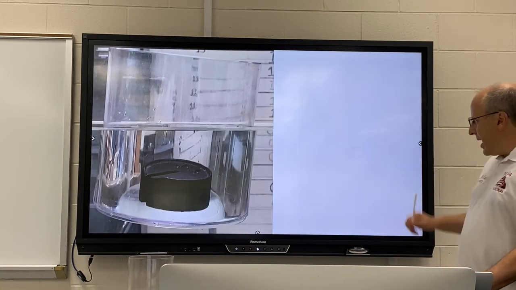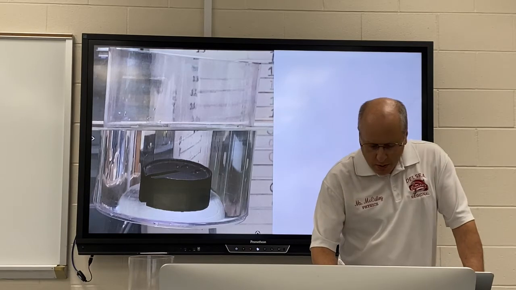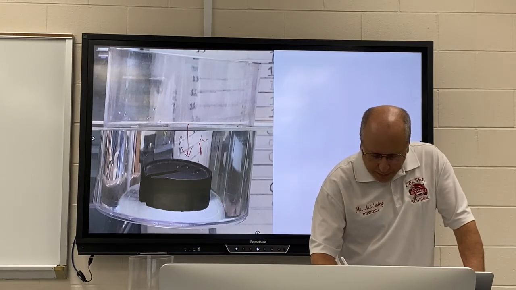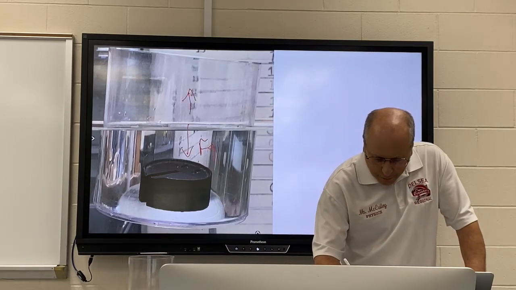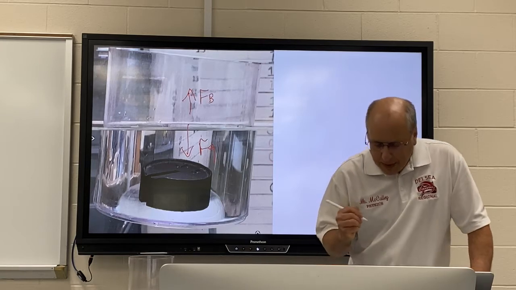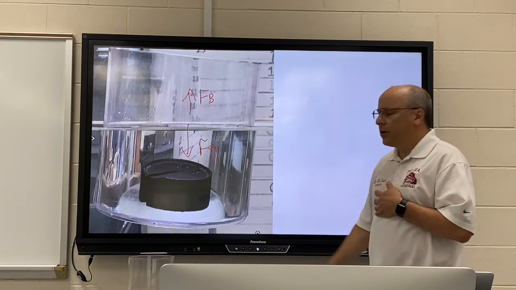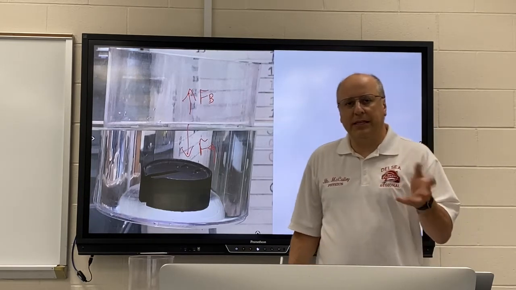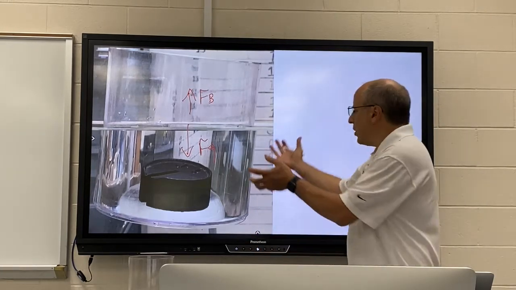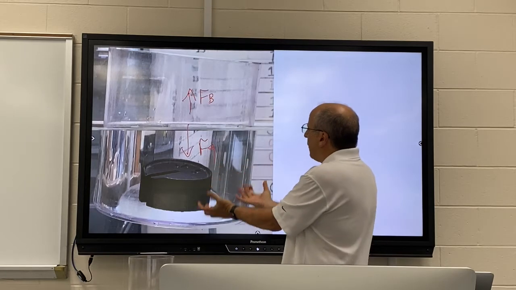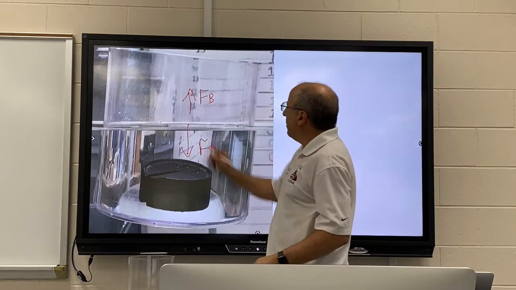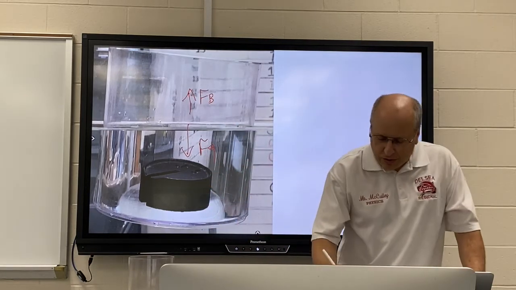Okay, so now we have our thing in the water. We have force gravity pulling it down. We've got a force buoyancy pulling it up. And right now they're equal, but we can get a lot more gravity in there before this thing is going to sink. So as it goes down farther and farther below the fluid, the buoyancy gets stronger and stronger.